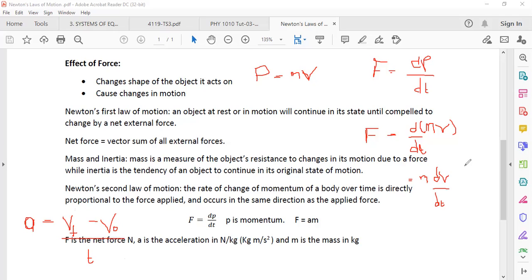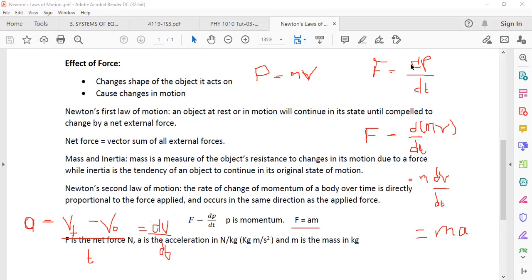So this can also be expressed as dv/dt. So we can replace this with acceleration, which will just give us ma, which leads us back to this guy here. That was that definition.